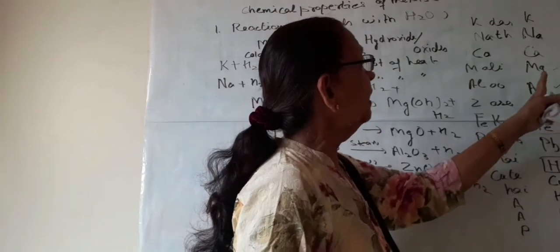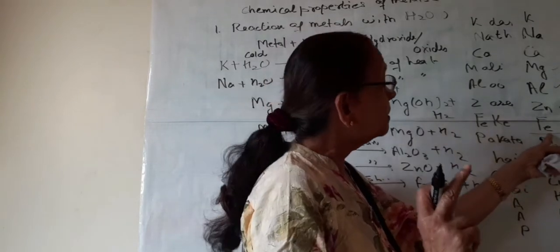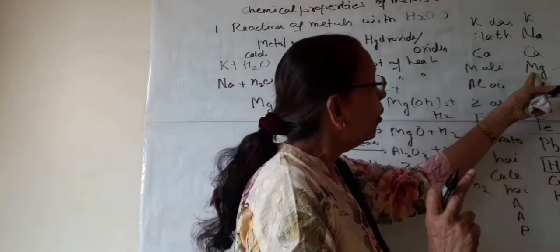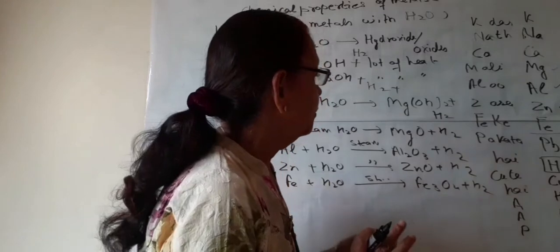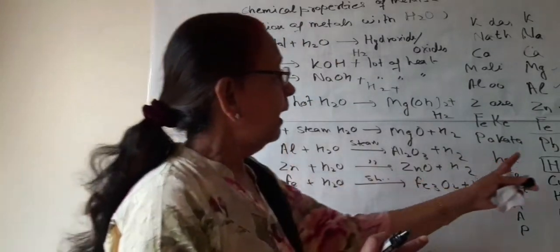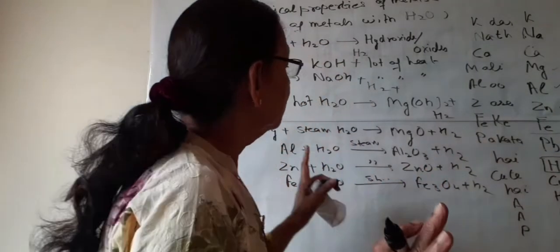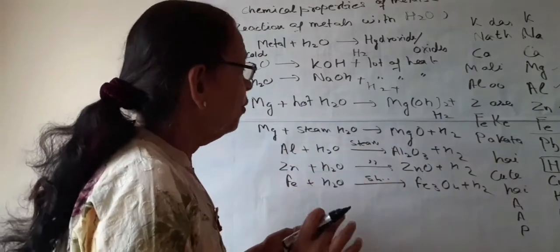So these three react when the water is in steam form. This can react with steam as well as hot water, and these react even with cold water. So this is the reaction of different metals, and after lead they do not react at all. So this is the reaction of different metals with water.